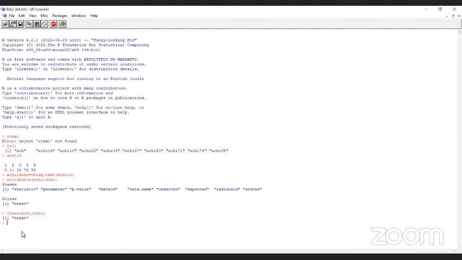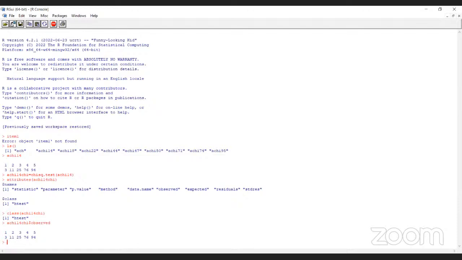So you can write down ACHI4 Chi, then dollar, then you write down observed. Then enter. Okay. So that is your observed data.